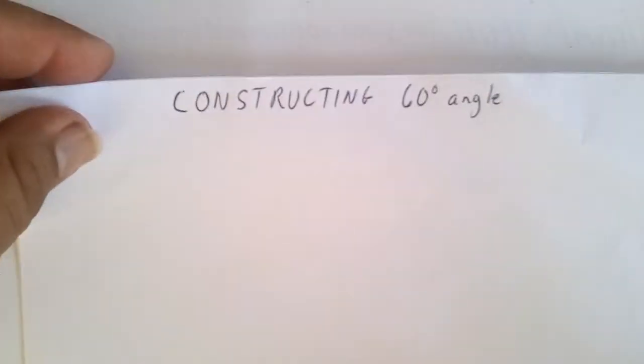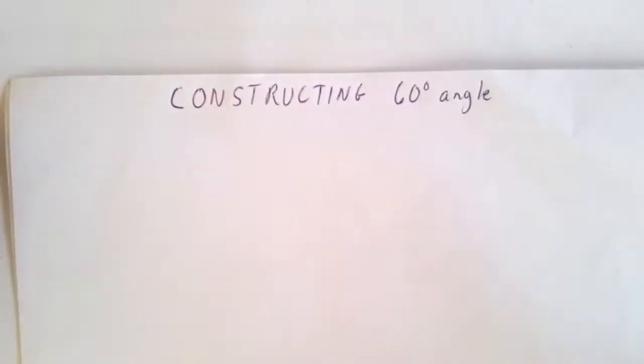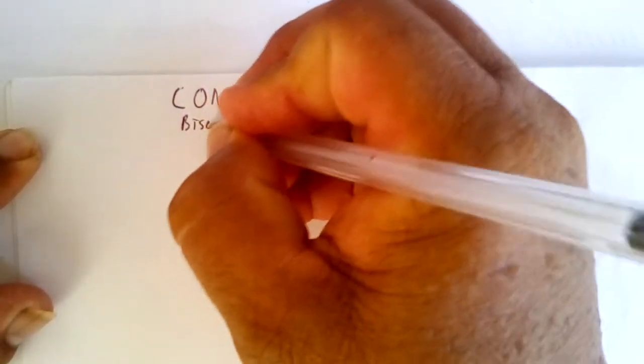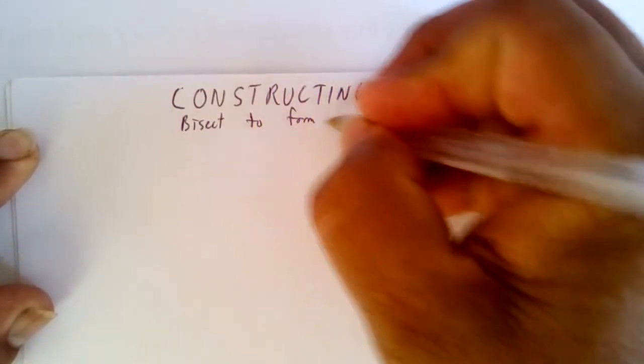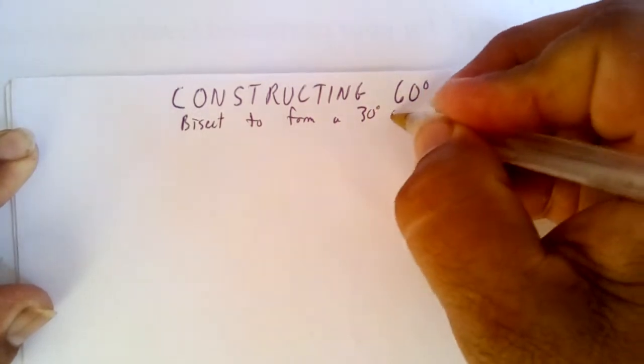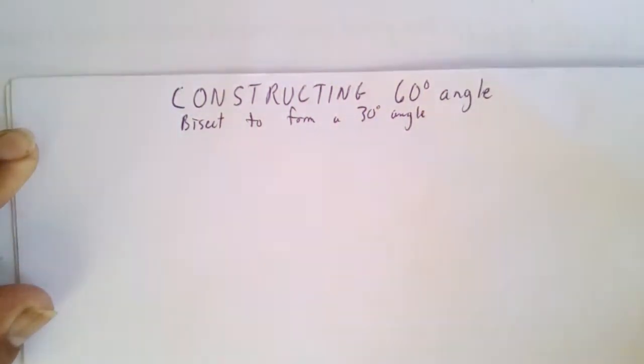But for us to do that, we must construct an angle which is 60 degrees, and then we'll construct an angle bisector to obtain that 30 degrees that we want. So remember, we will construct a 60 degrees angle, and then we will bisect it to form a 30 degrees angle. Okay, so let's start that.